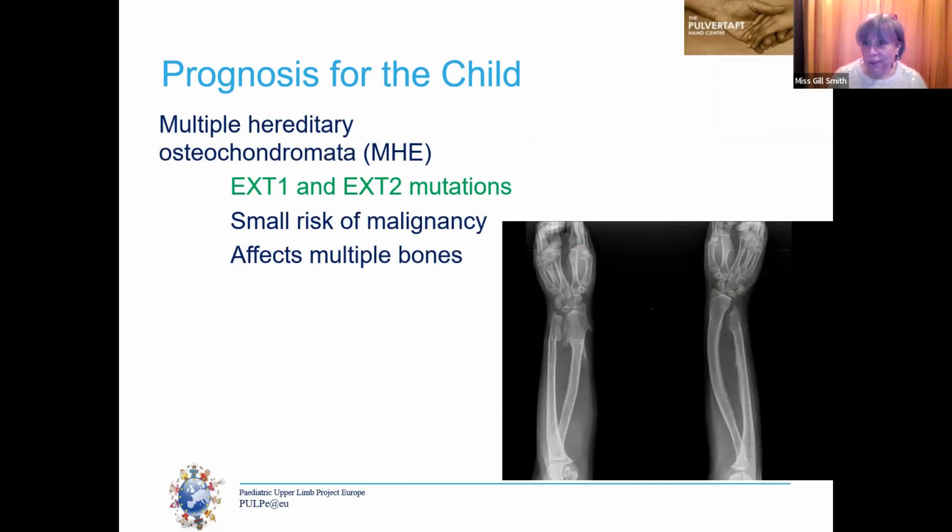Now, again, for the orthopedics among you, you'd be very unhappy if I didn't mention multiple hereditary osteochondromata, used to be known as MHE, so multiple hereditary exostosis, usually EXT1 and 2 mutations, occasionally 3. And of course, the really higher risk is EXT1 because they're a complete nightmare and they get much worse affected. There is a small risk of malignancy and it affects multiple bones.